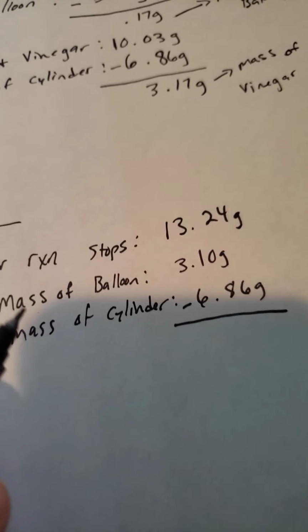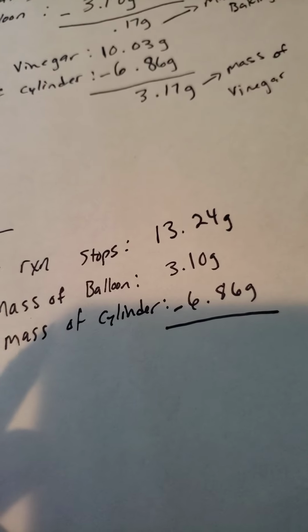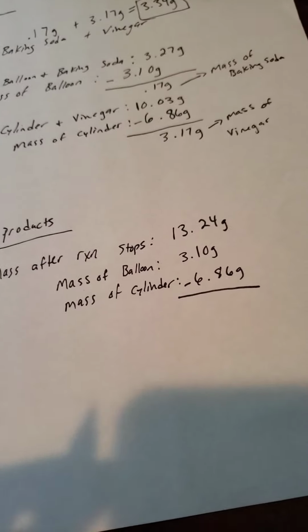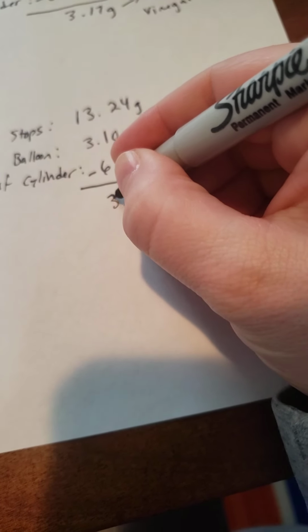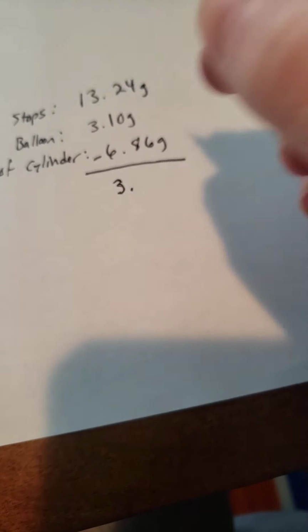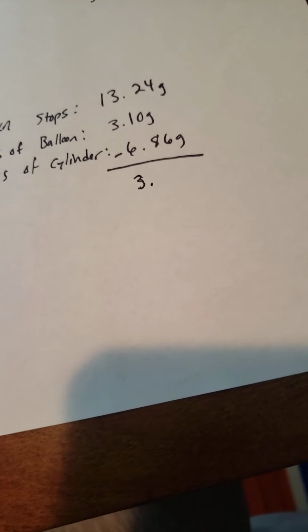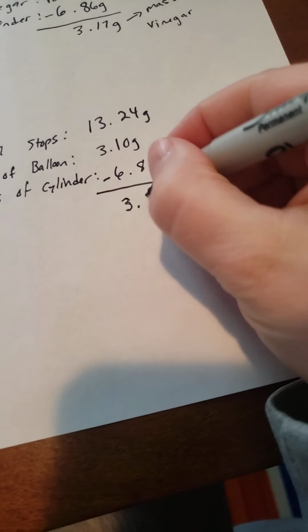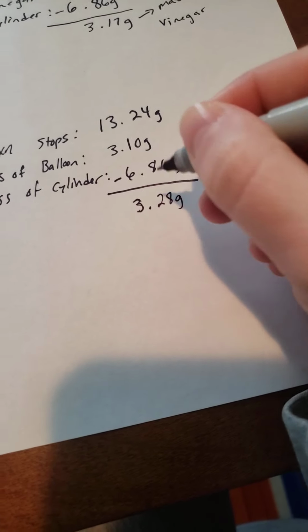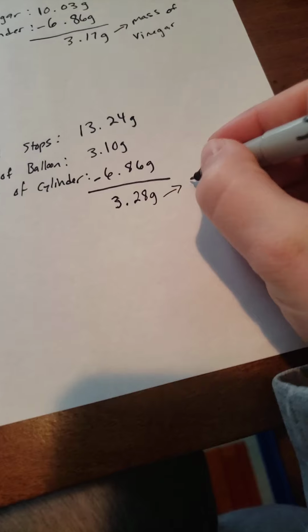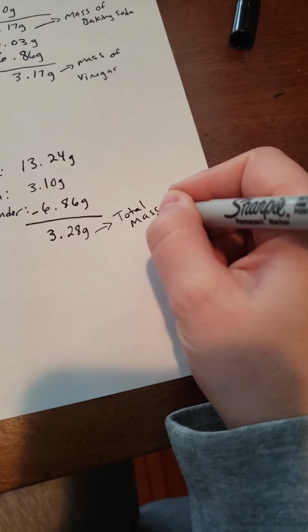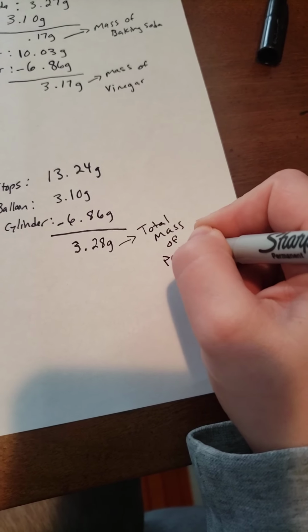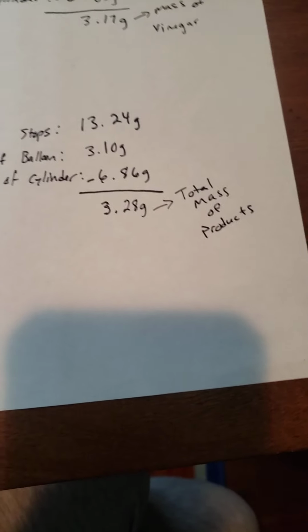All right, so 13.24 minus 3.10 minus 6.86 is going to give us 3.28. All right, so now this is the total mass of products.